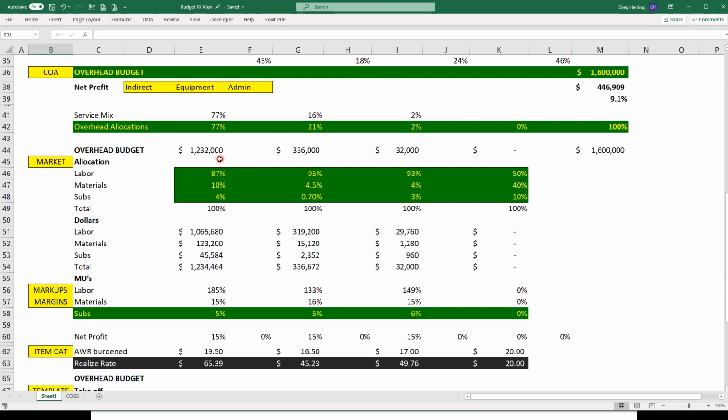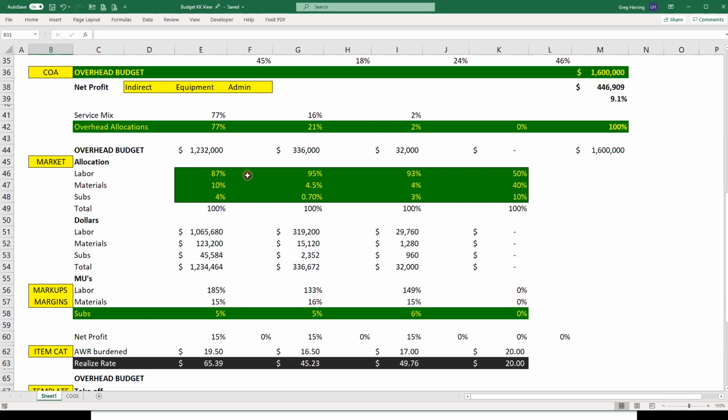And here's where you get to play a little bit. In other words, I'd like to recover most of the overhead in labor and less in materials. It's not necessarily the case because market conditions will often dictate what that would be. So let's just use the example and say I'm going to recover most of that overhead with labor, a minimal amount with subs, and a minimal amount of materials.